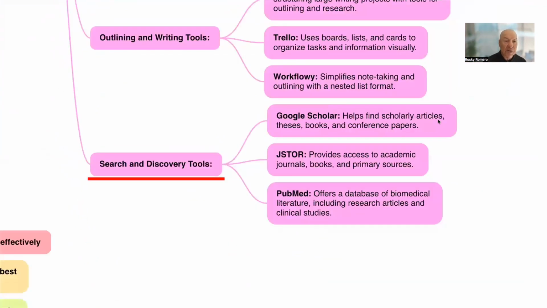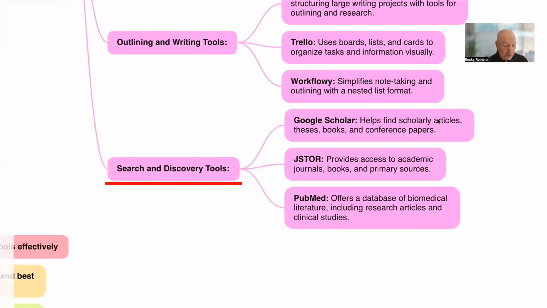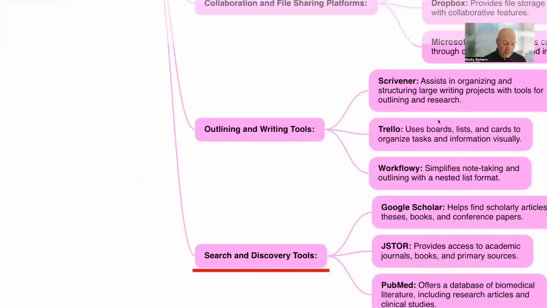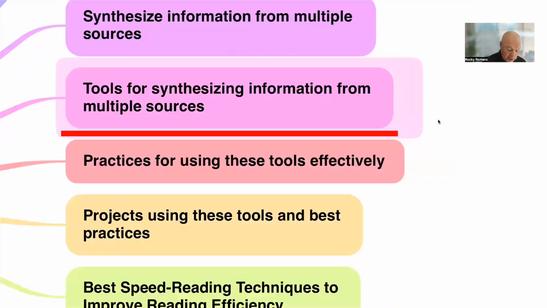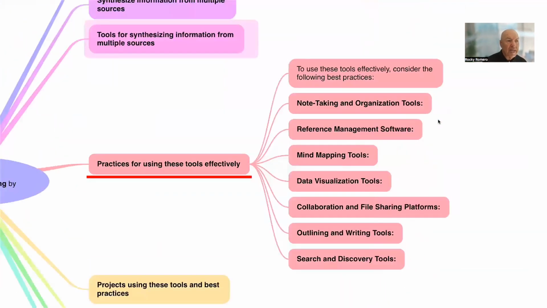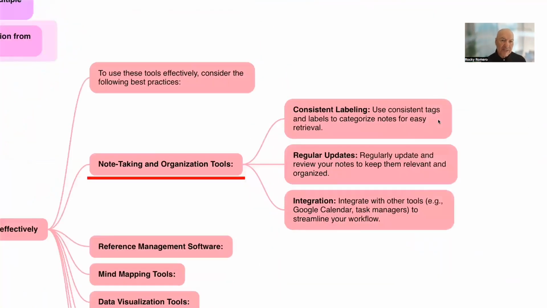Search and discovery tools. Now, this is great for searching information, although I'm tending more and more toward ChatGPT, artificial intelligence at this point, the general large language learning tools. Practicing using these tools effectively, I do it on a daily basis consistently and integrating with other areas.